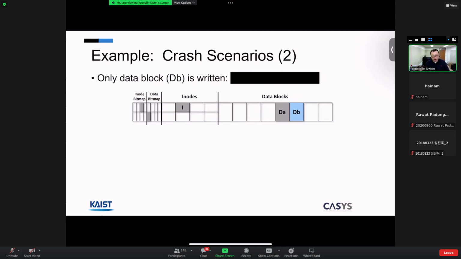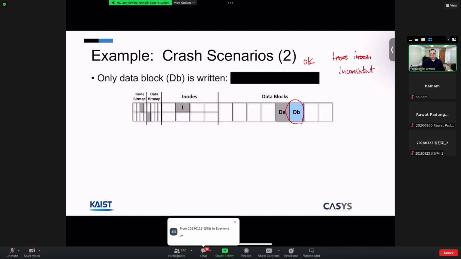Now let's take a look at only data blocks written. New data blocks are written to disk. Okay or inconsistent?